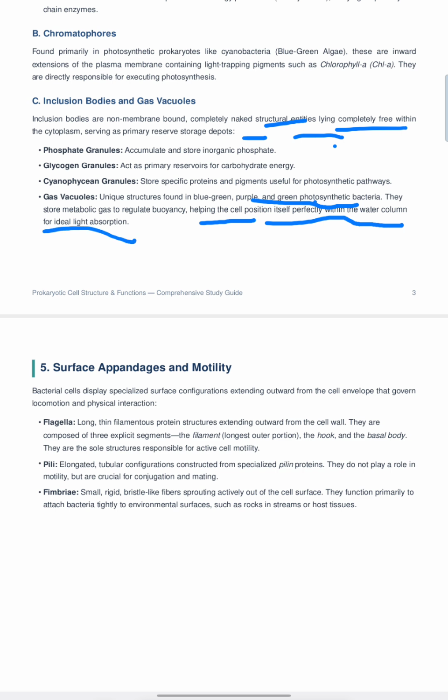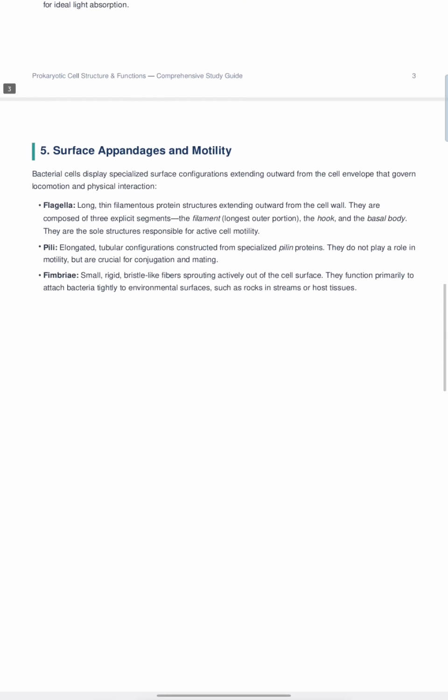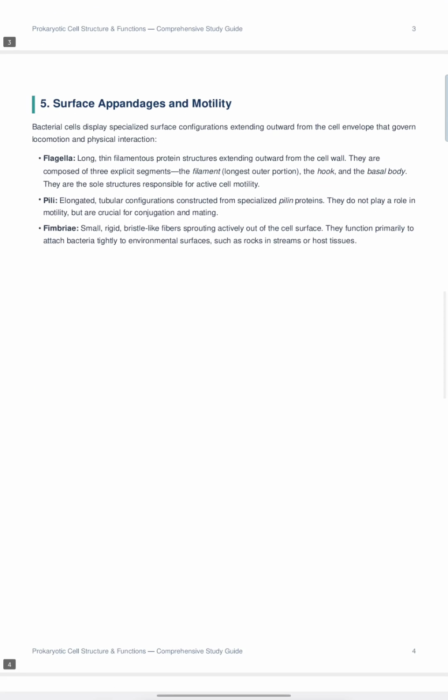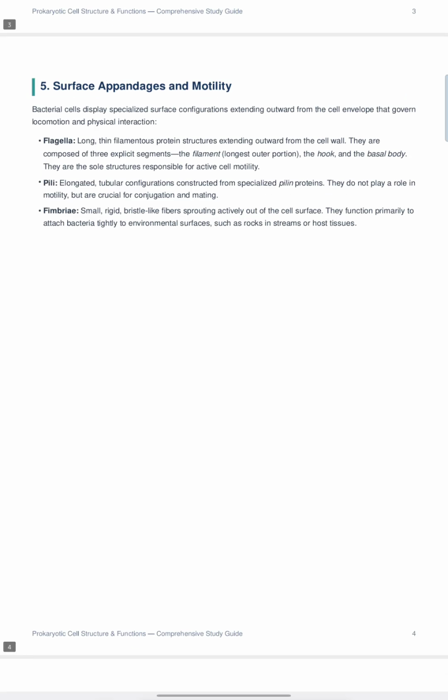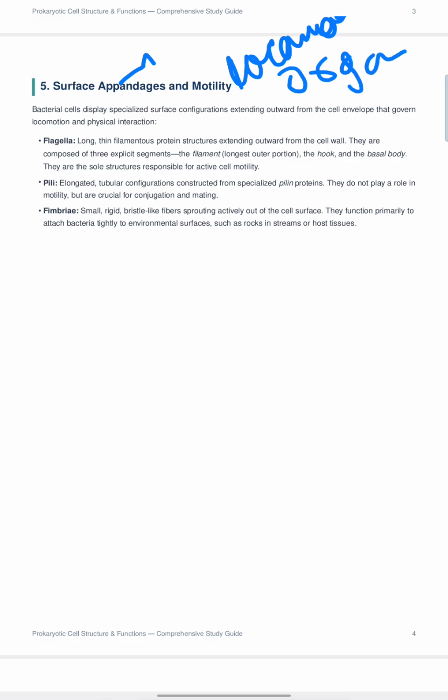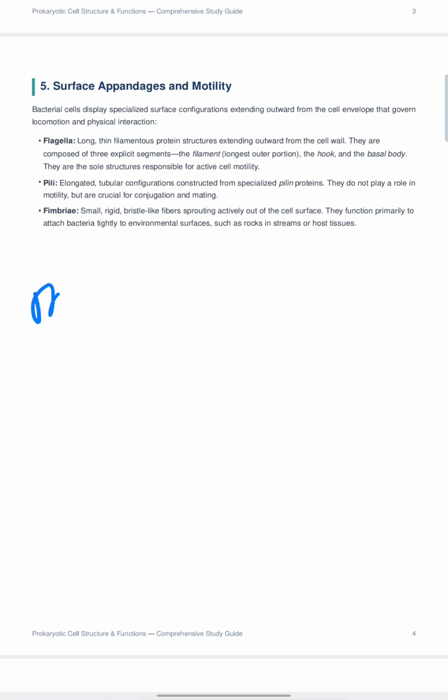So now moving to the next topic, that is surface appendages and motility. Surface appendages are motile structures, locomotory organs or structures. One thing I missed to tell you, that is motile.